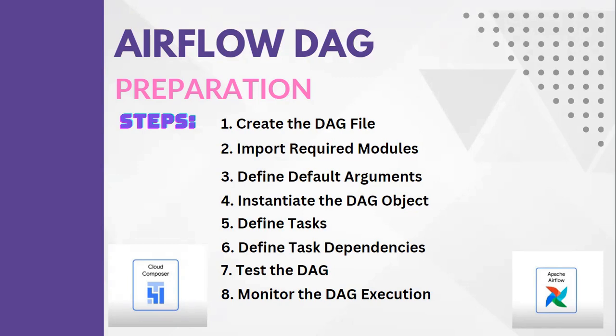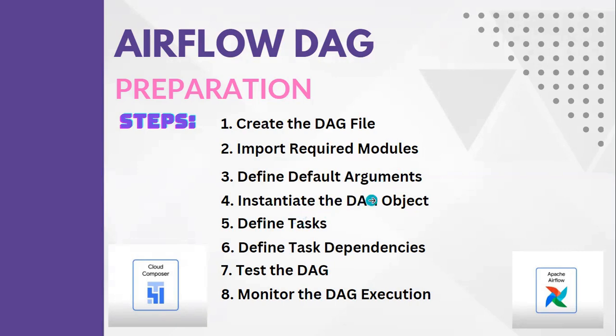The DAG file may consist of different sections. I divide them into five to six sections. The first section is importing the required modules related to Python and Airflow, the second is defining the default arguments, and then instantiation of the DAG object. In between these two, you can prepare some custom Python functions which are very useful in running the data pipelines using your business logic.